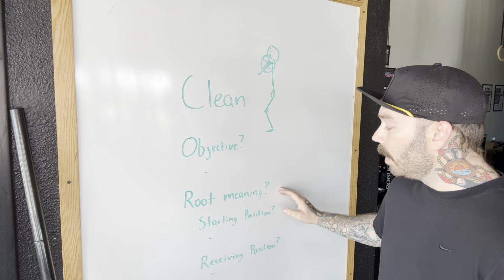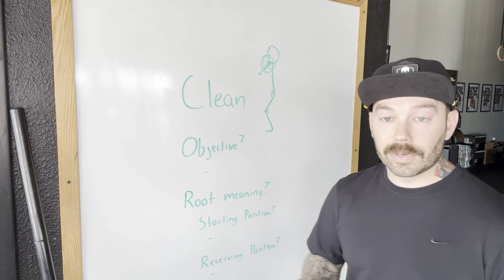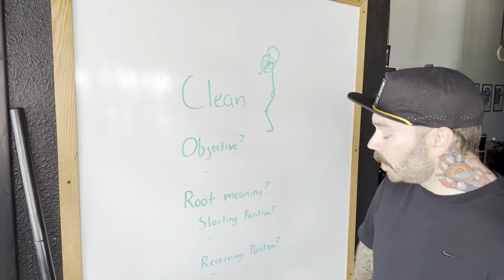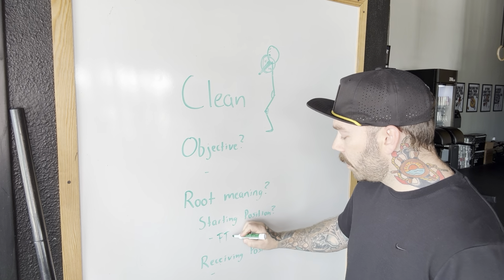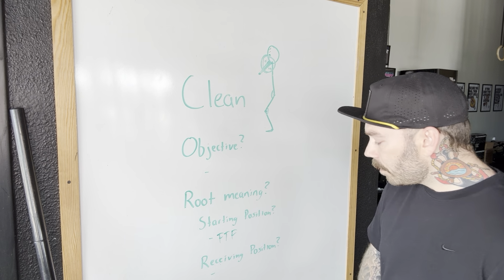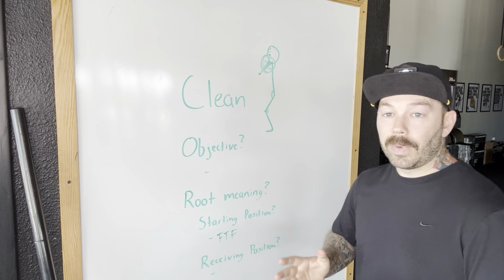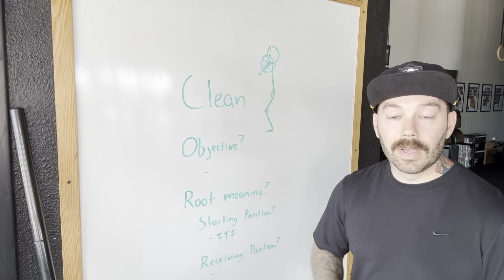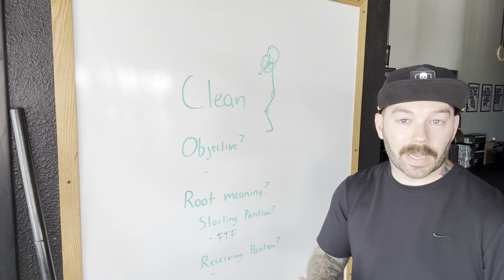Now the root meaning with the clean, the starting position is assumed from the floor. That is traditional weightlifting, and again, pretty obvious. So starting position is from the floor. The receiving position with the clean by itself, really with no modifiers, is wherever you want. This can be above or below parallel, but we know the objective is the shoulder, so how we receive it and what depth doesn't really matter.